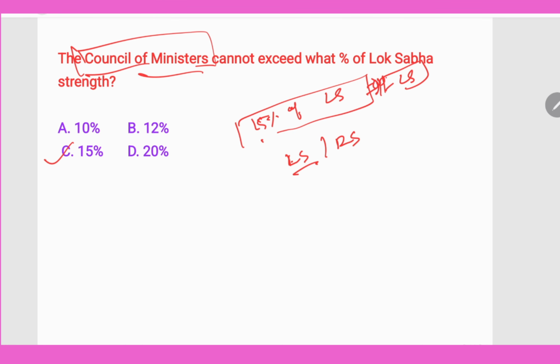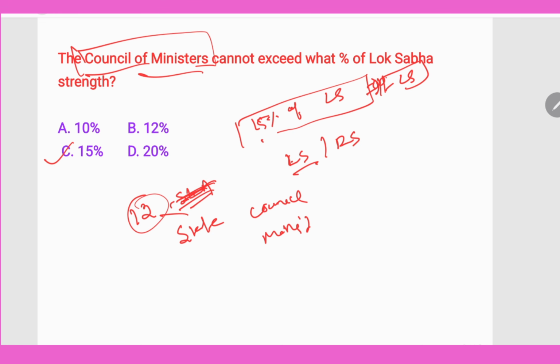But in the state case, the state council of ministers, it is also 15%, but the minimum number should be 12 in the state council of ministers.